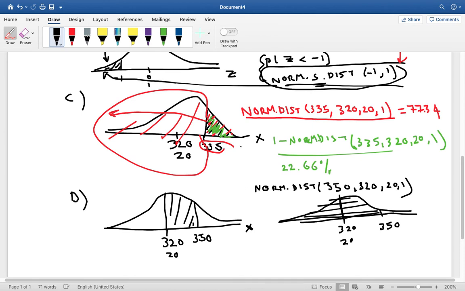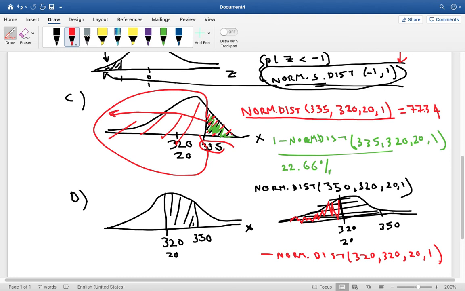We don't want anything beyond that point, so we want to get rid of all of this. So from this black area here, we need to subtract the red area, which is going to be norm.dist 320. So that point is 320, then we put in the mean, 320, then the standard deviation, which is 20, and 1, or true. And that will give us the area that we want.